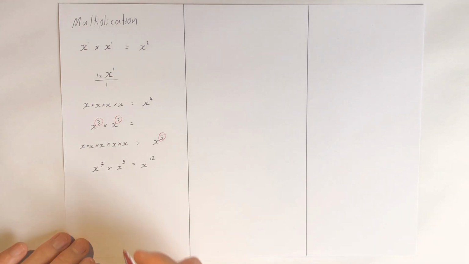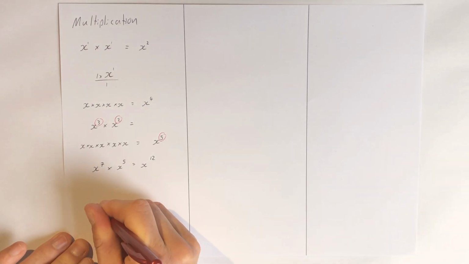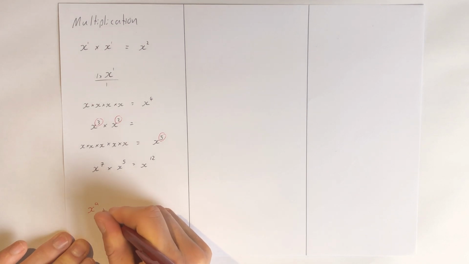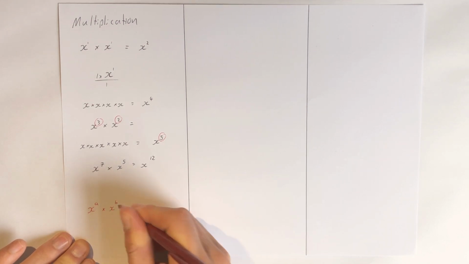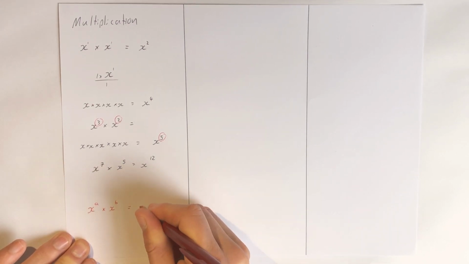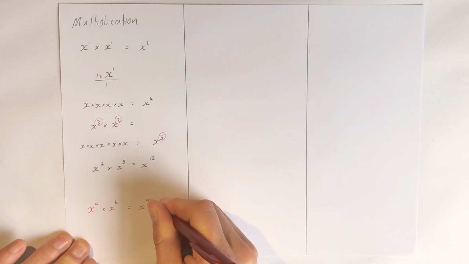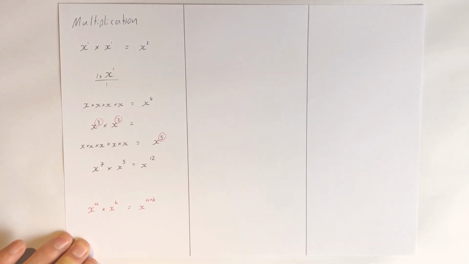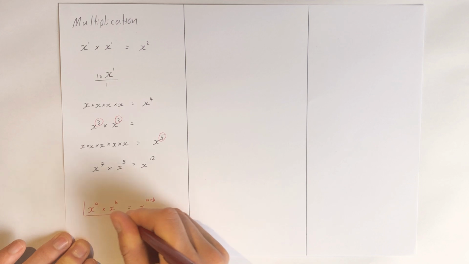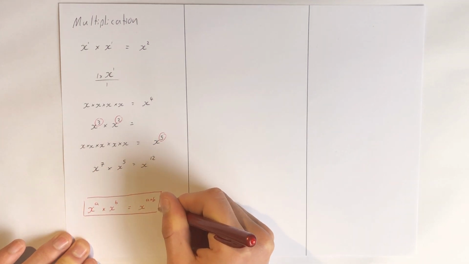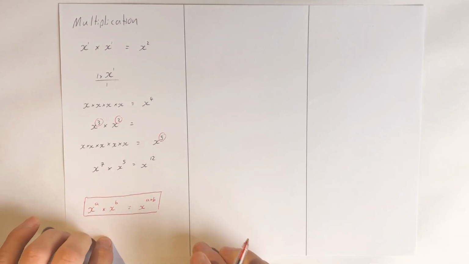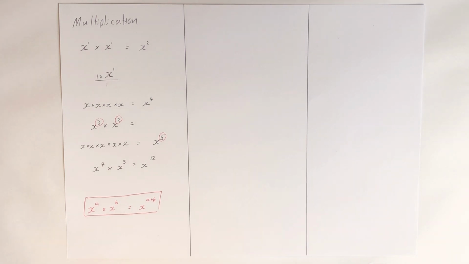So a general rule for this would be that if I had x to any power and I multiply that by x to any other power, well, that would be x to the 2 powers added together. And so that is one of the rules that we went through at the end of this term. Great. So that's a quick introduction to multiplication, or should I say review.